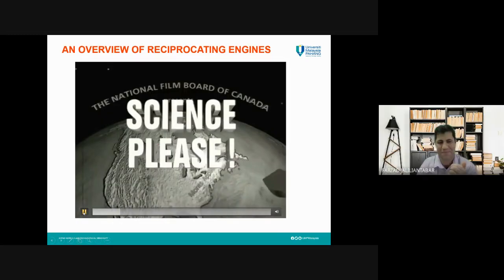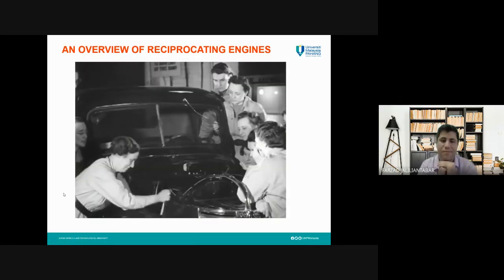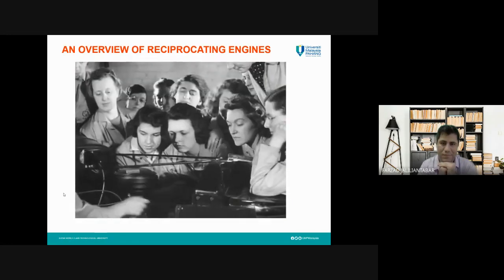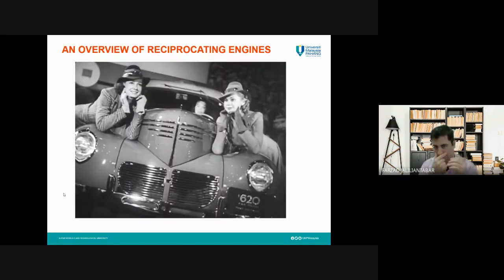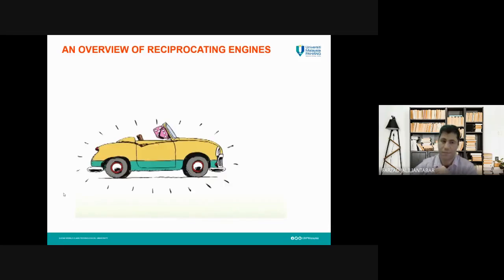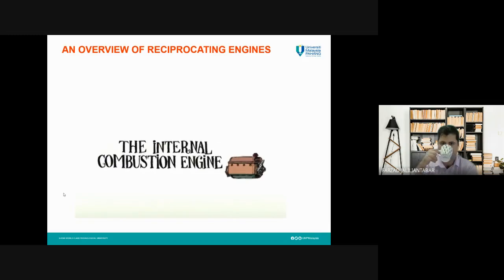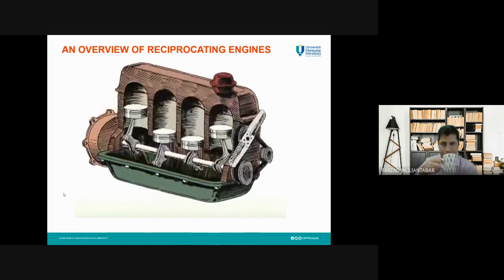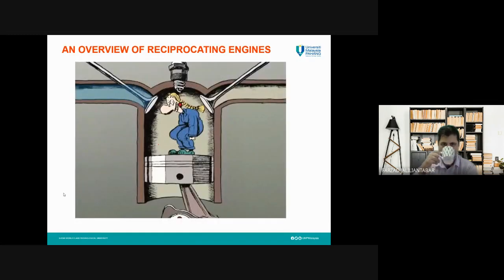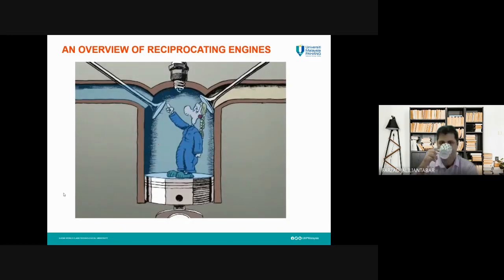Science, please! Do the words auto mechanics make you curious? Actually, it's a cinch. A car is made up of wheels, seats, fuzzy legs, a body, and an engine. The internal combustion engine. The engine works in four stages. First, a valve opens and the piston lowers, letting a mixture of fuel and air into the combustion chamber.